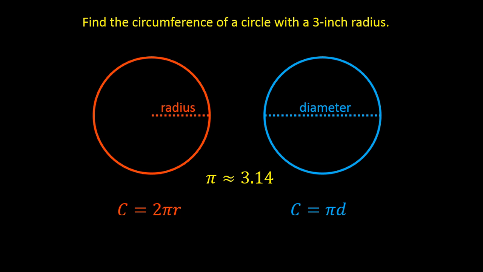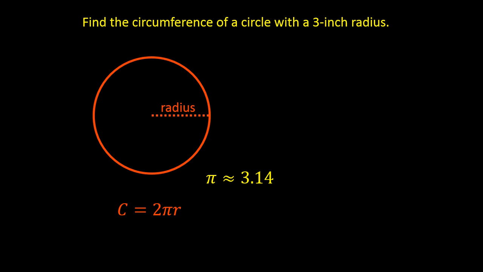So let's suppose we have a circle that has a 3-inch radius and we want to find its circumference. Well, first we have to figure out which one of these 2 formulas we're going to use. Since we know radius, we'll use the formula on the left.